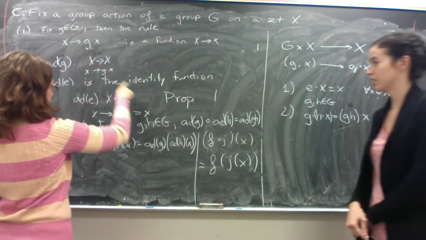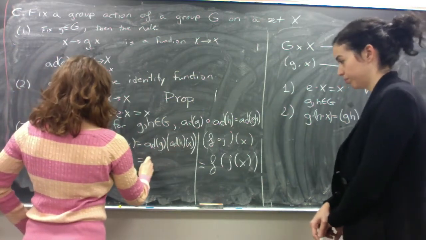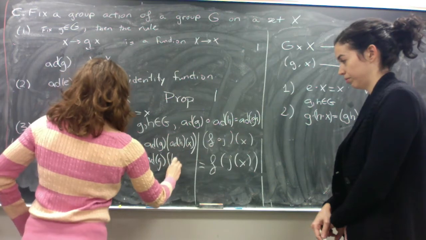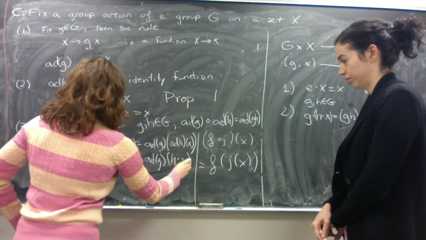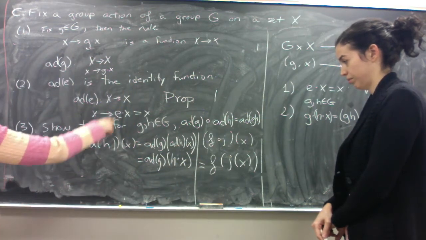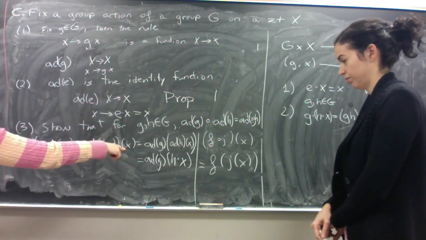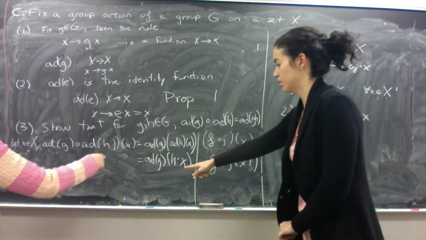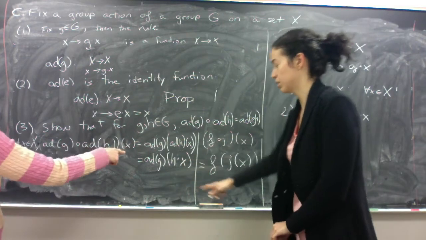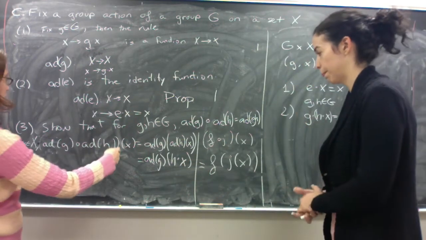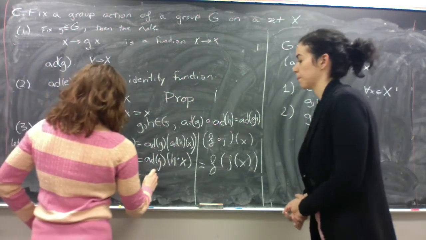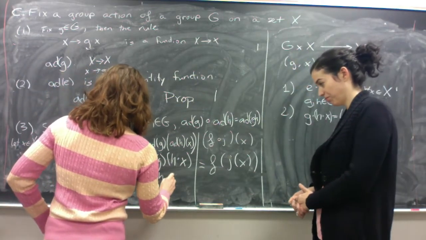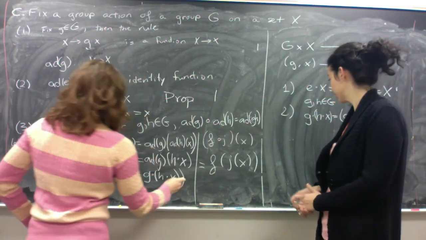It means that we have h dot x. And then we take add of g of h of x. This is an element of X, so we can plug that into add of g. And so that's just g dot h dot x.